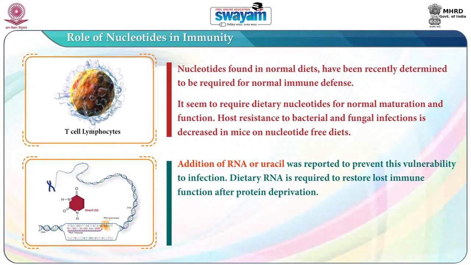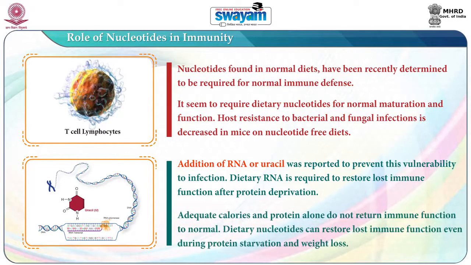Dietary RNA is required to restore lost immune function after protein deprivation. Adequate calories and proteins alone do not return immune function to normal. Dietary nucleotides can, however, restore lost immune function even during protein starvation and weight loss.